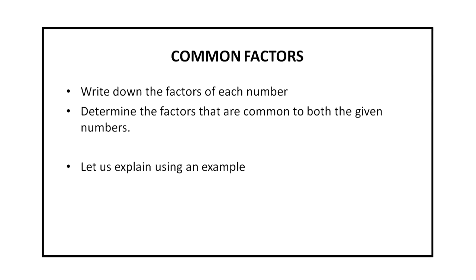As we have just studied, write down the factors of the given number. Second one, determine the factors that are common to both the given numbers. So, in such cases, you will be given 2 numbers. Now, write down the factors for each number and then determine the factors that are common to both numbers.